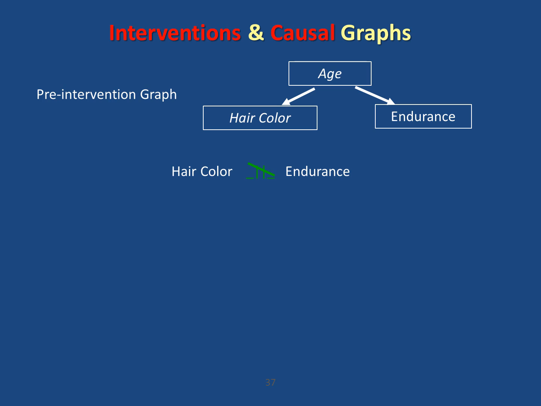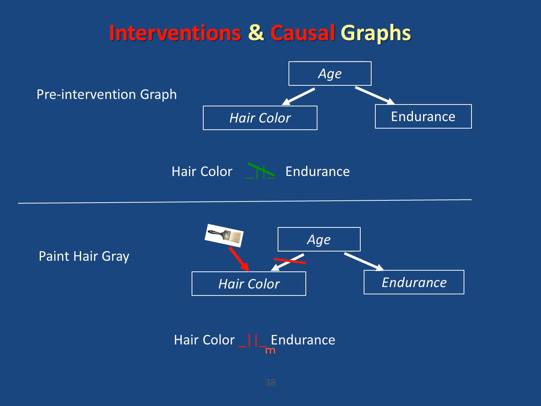And I won't go into all the rules about why, but we represent that with the sign for independence with an arrow with a line through it saying it's not independent. So this is a way to represent that hair color is associated with endurance, according to this graph, which says that age is a common cause of hair color and endurance, and when two variables are effects of a common cause, there's an association. And if two variables have no causal connection, then there is no association.